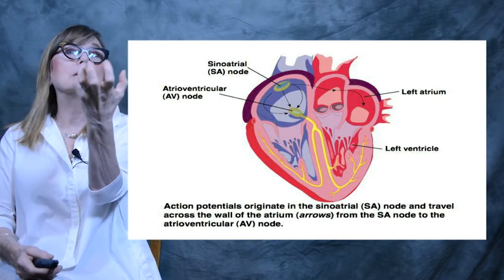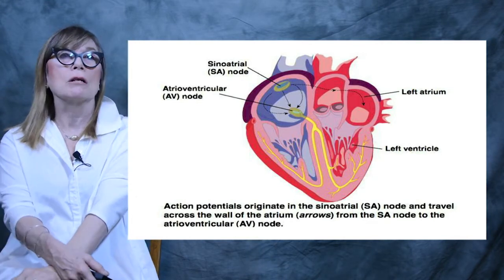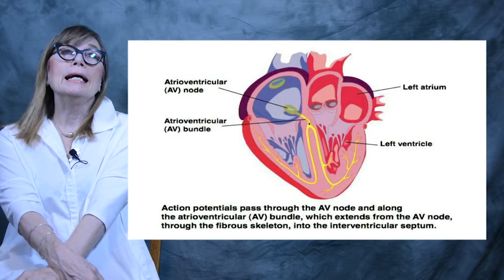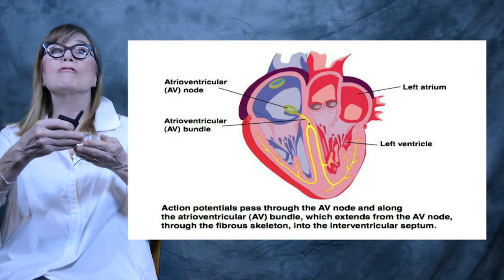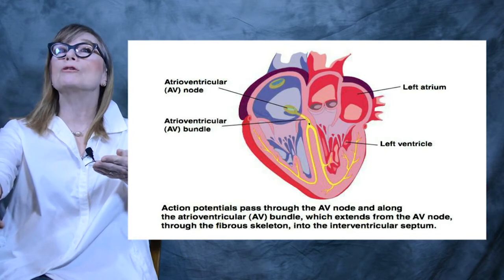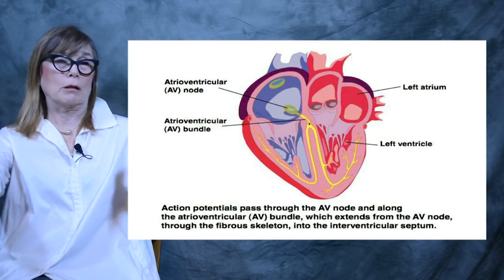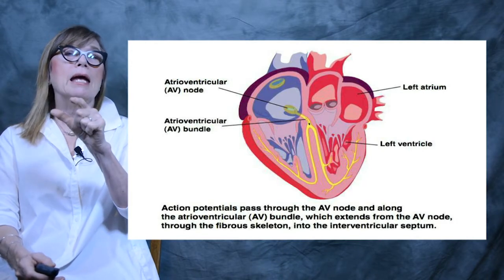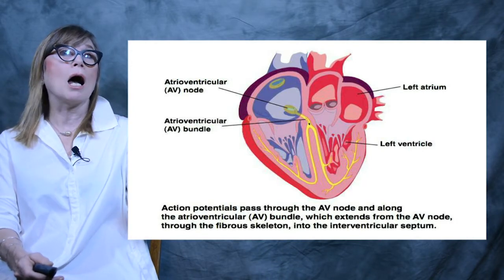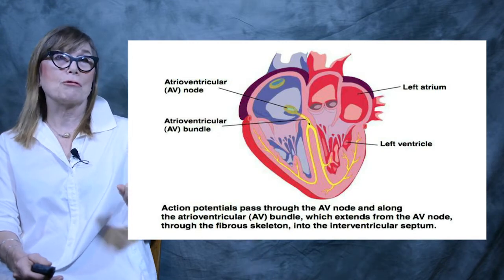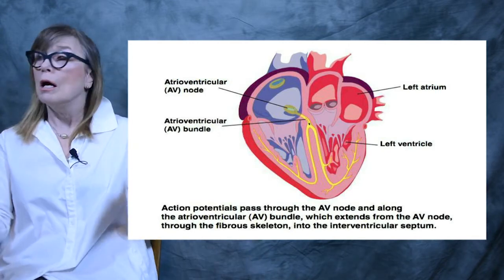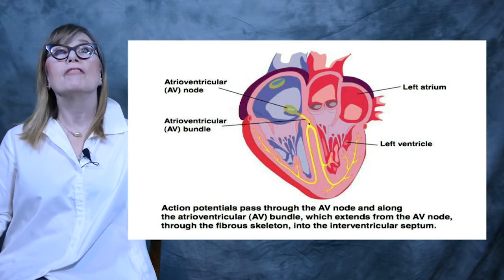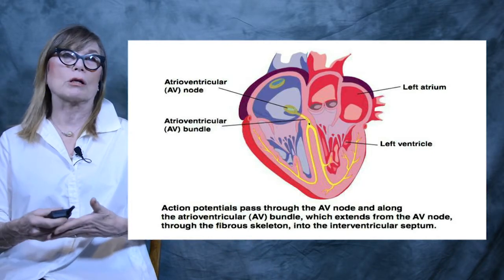And the impulse is gathered in the AV junction and delayed there. The delay in the AV junction, which then transfers the impulse down to what we call the common bundle, or the bundle of His, is what allows time for the atria to contract. And of course, that's quite important because when the atria contract, it optimizes the filling of your ventricles.